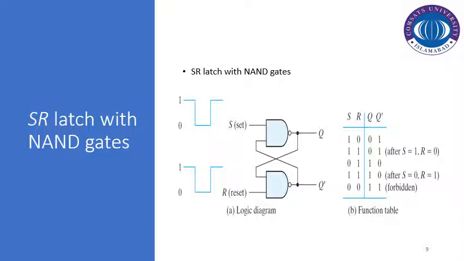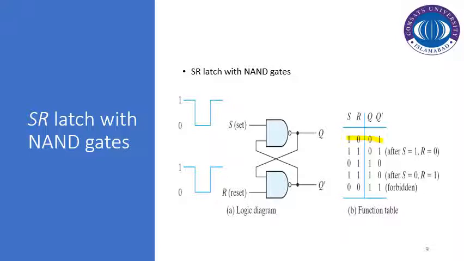If we look at the function table, let us look at the first entry. If we set S to 1 and R to 0, Q is defined as 0 and Q prime is defined as 1.